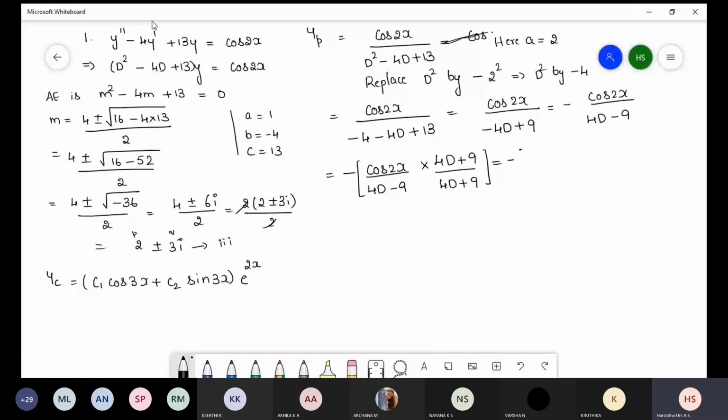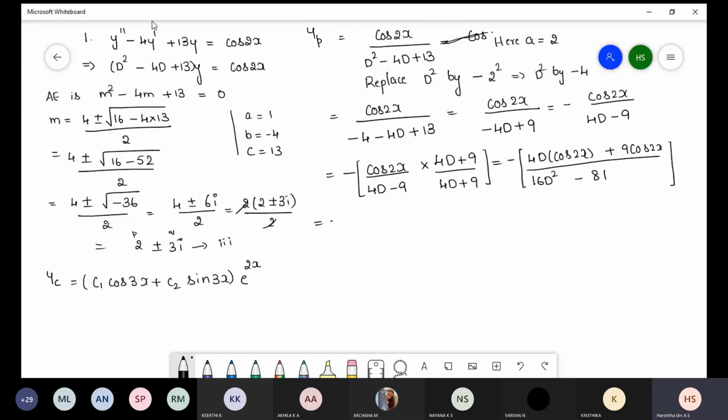So here 4 into differentiation of cos 2x plus 9 into cos 2x. Again in the denominator a minus b, a plus b, 16 D square minus 81.